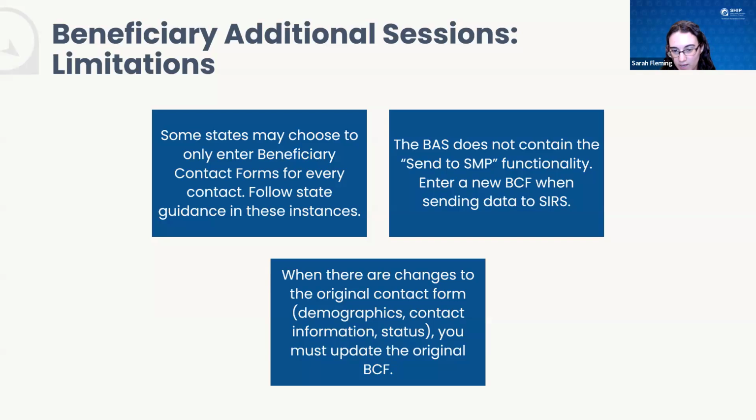But over time, there might be changes to the demographics. For example, age is the main thing that would change over time. And so if you were using the same beneficiary contact form and continually adding beneficiary additional session forms year after year, which is not what you should be doing, you would then have inaccurate, out-of-date demographic information.